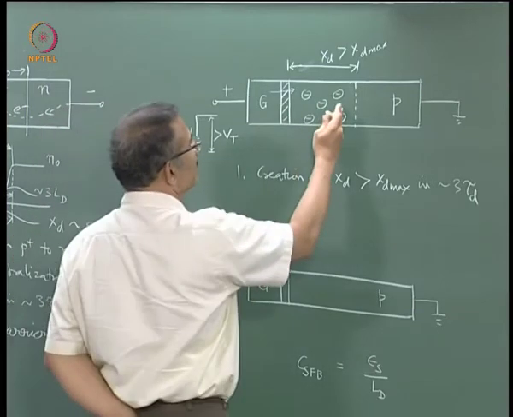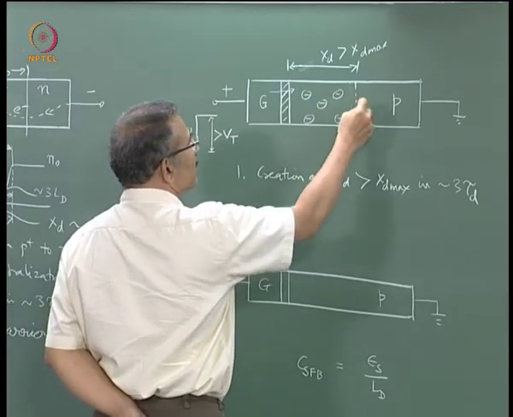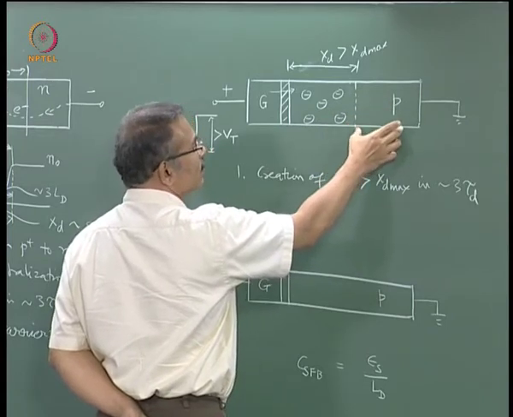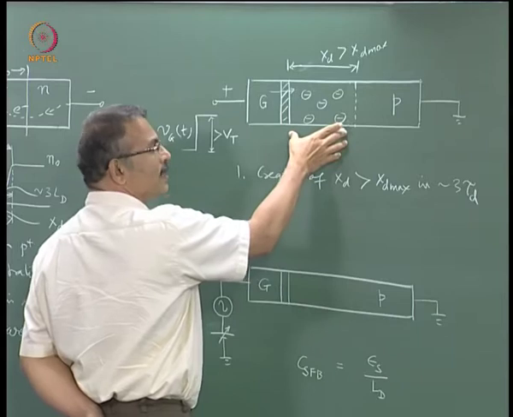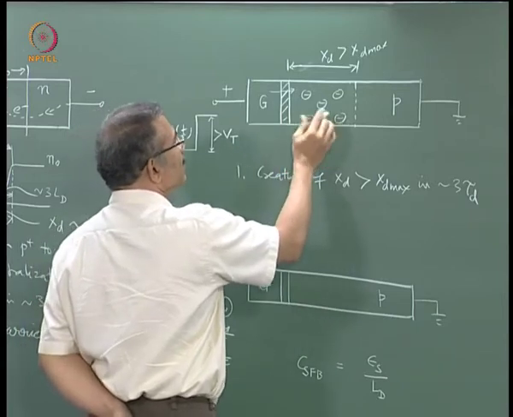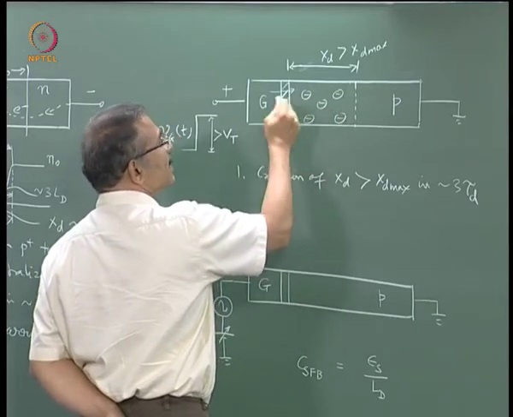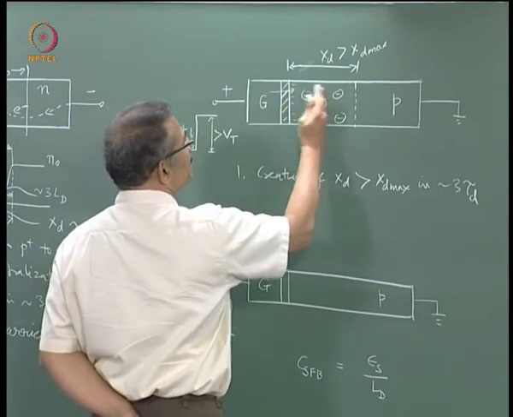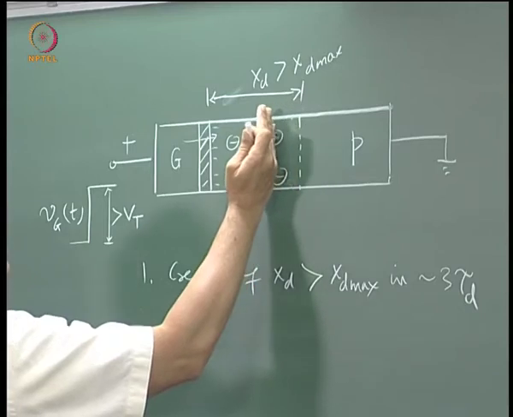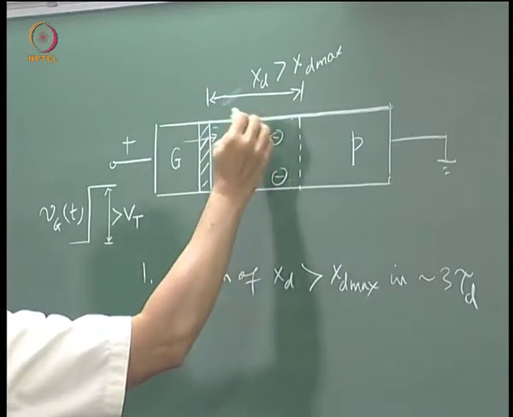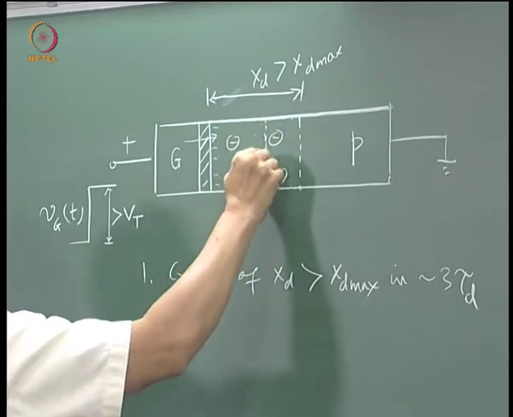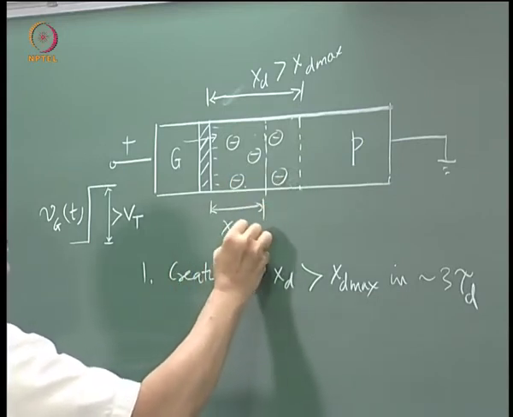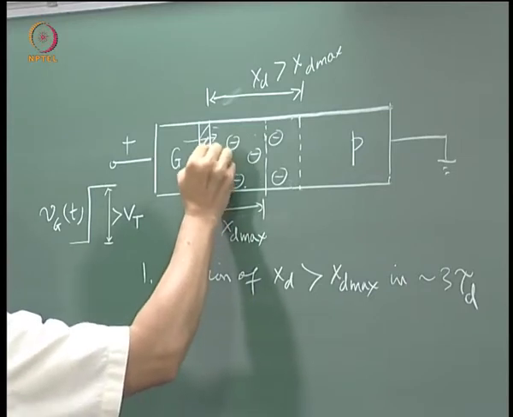So progressively, electrons generated within a diffusion length from the depletion edge and electrons generated within the depletion layer will all start migrating towards the interface to create the inversion layer. As the inversion layer is built up, the depletion layer will progressively collapse and ultimately reach XD max, which corresponds to the steady state value, and at that point the inversion layer will be formed.